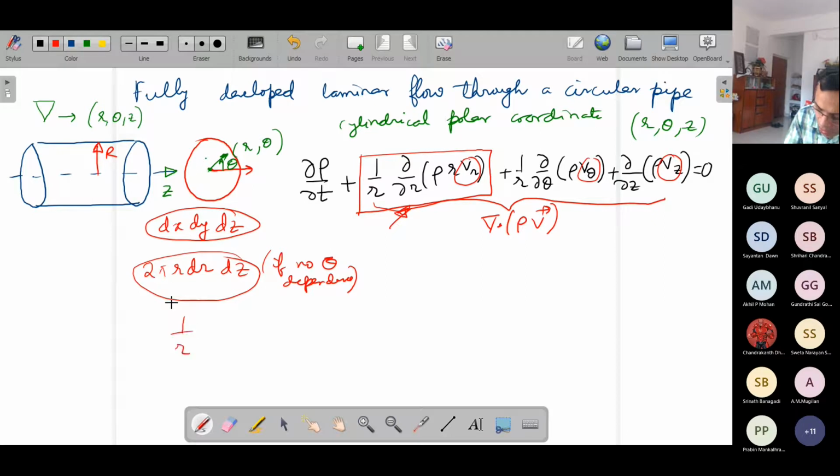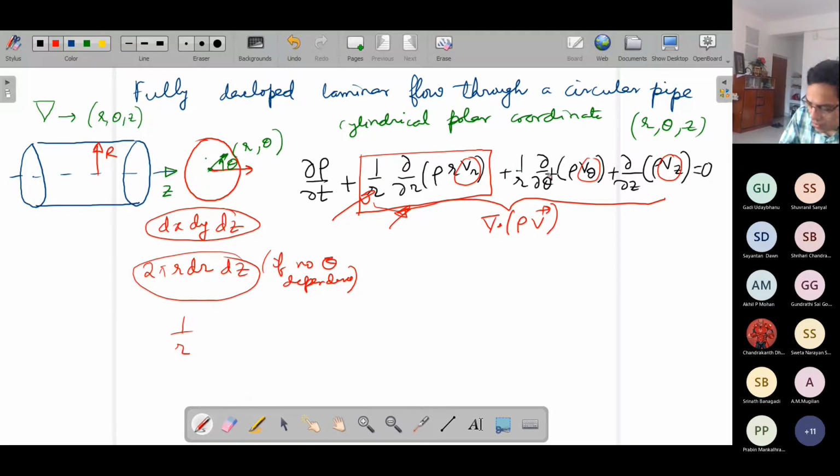If you divide all the terms by this, that is how this 1 by r comes. In a spherical system, it is 1 by r square, because instead of r, it is r square that comes into the picture. So when you express things per unit area or per unit volume, particular to a coordinate system, this is coming.